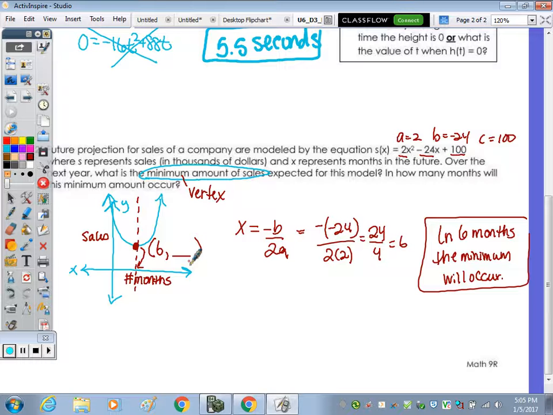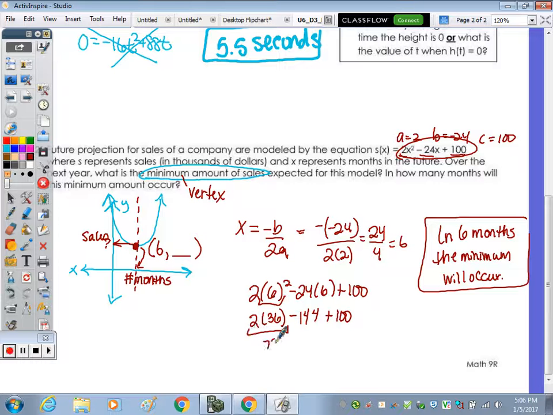Okay? Now we need to find what the expected sales is. Okay? So what's our Y value to go along with it? So now that we know X, we just simply plug it into the function. So 2 times 6 squared minus 24 times 6 plus 100. So this is 36. 2 times 36 minus 24 times 6. Well, 6 times 4 is 24, carry the 2. So 144 plus 100.